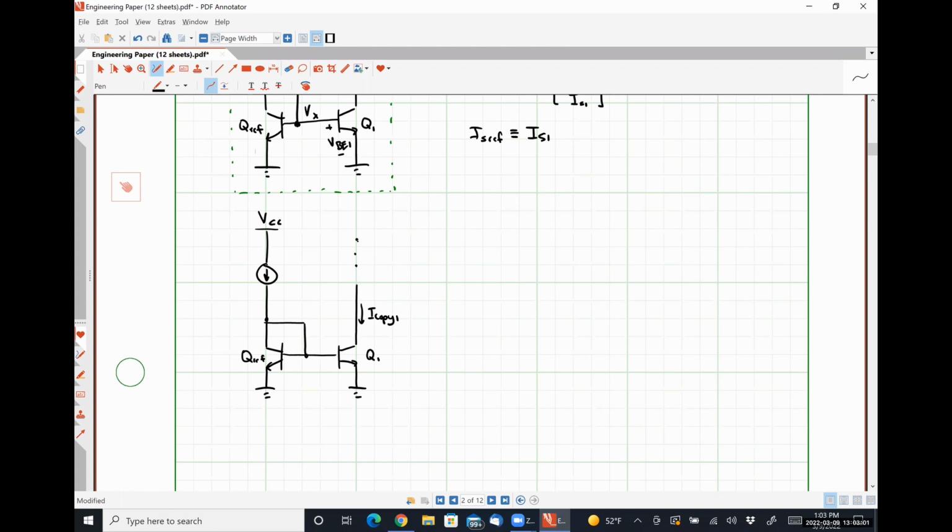Now, what if I had another transistor, and I connected the base of this transistor, let's call it Q2, to the base of QREF and Q1. What kind of current should it be carrying?